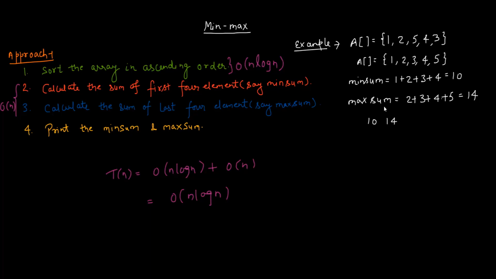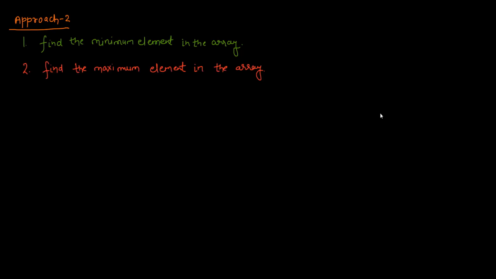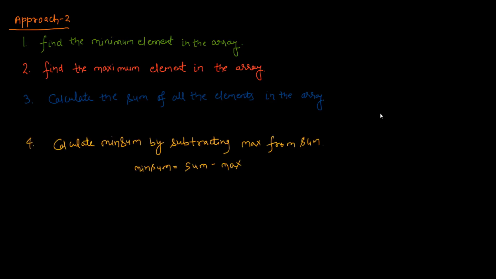Let's see the second approach. So here in approach second, we are going to find the minimum element in the array. In the second step, we will find the maximum element in the array. In the third step, we are going to calculate the sum of all the elements in the array.